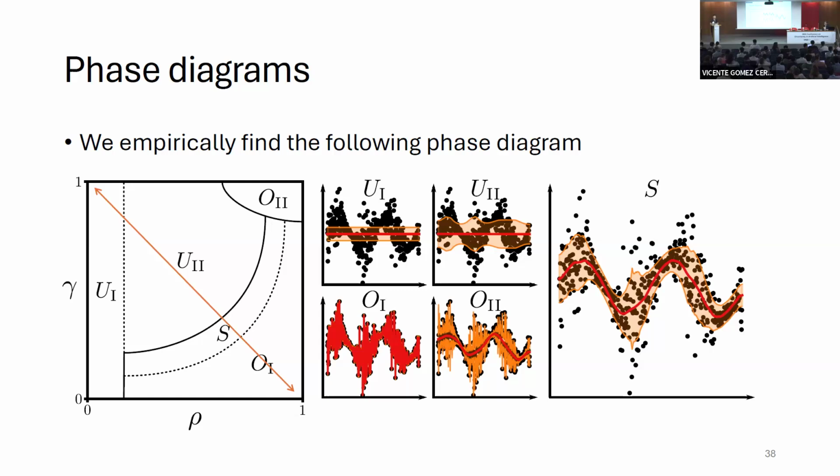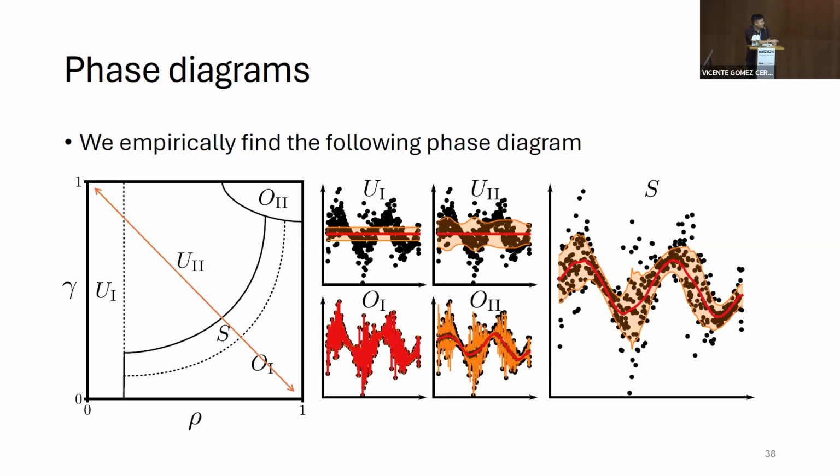I really like the talk, but I have a quick question about the parameters. It seems like rho and gamma still need to be tuned, if I understand correctly. You show that if the parameters lie in the phase S, the performance is the best. So could there be some mapping between rho and gamma, so that you only need to tune one hyperparameter, or do you need to search the whole space?